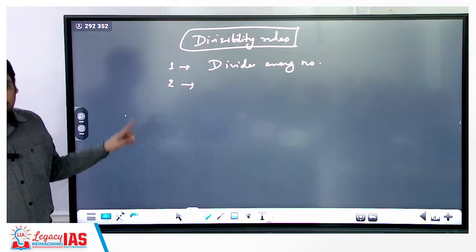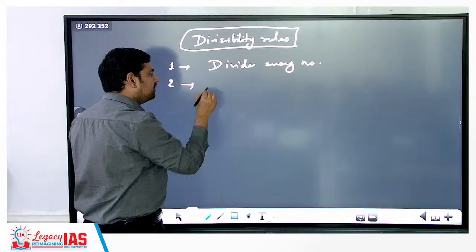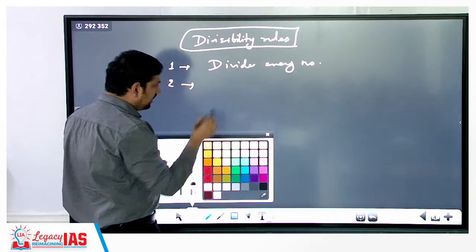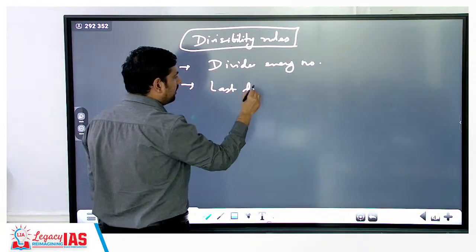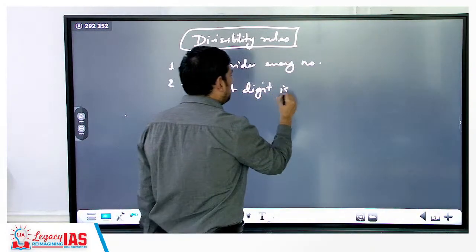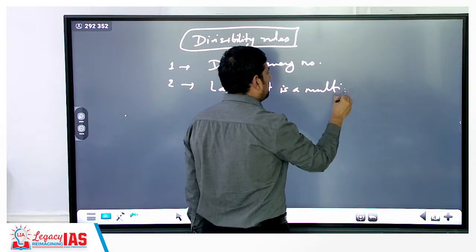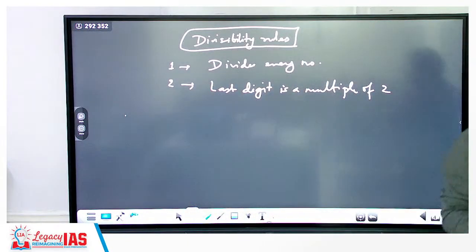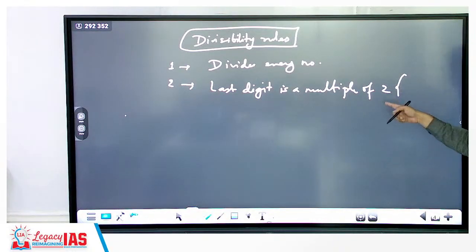Basically the divisibility rule of 2 is the unit digit, or the last digit, is a multiple of 2. Now, what are the possibilities? If it is a multiple of 2, the last digit can be 2, it can be 4, it can be 6, it can be 8. Can it be 10?